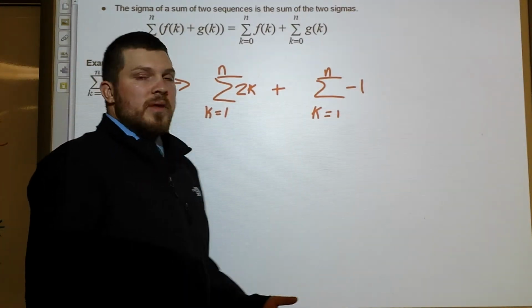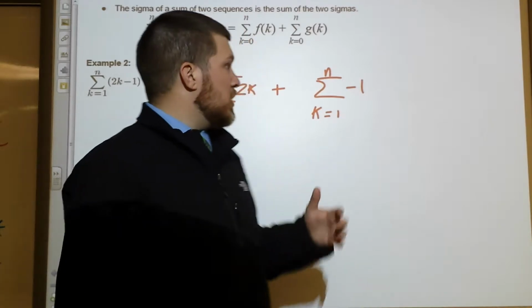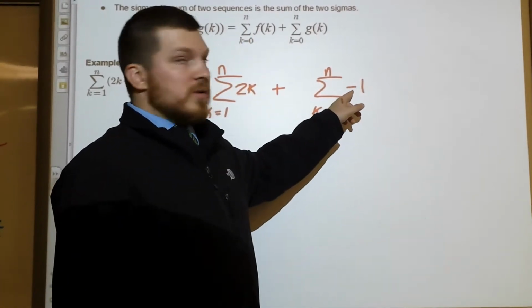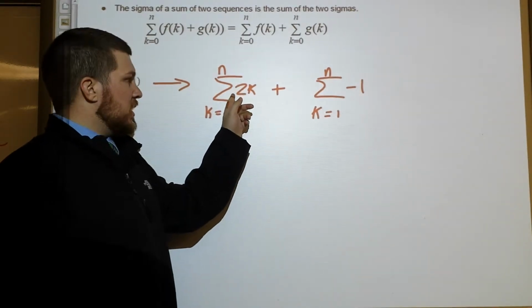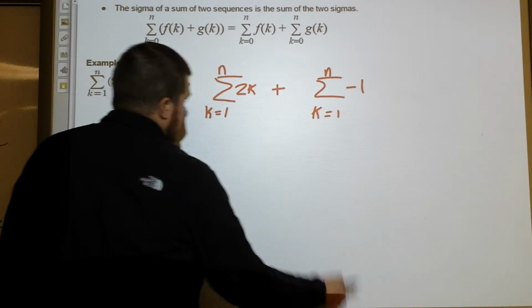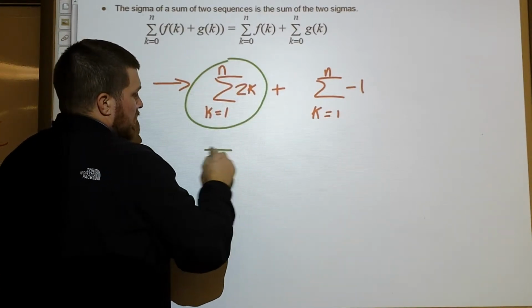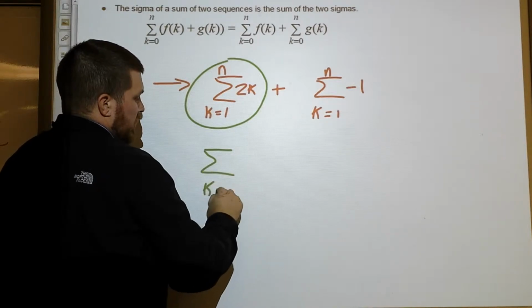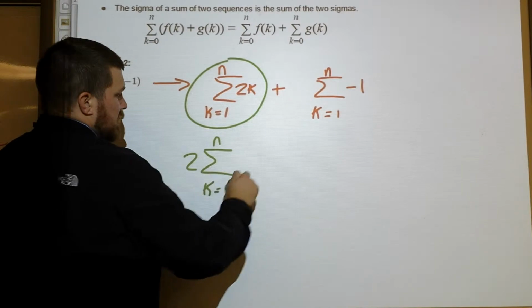Okay? Well, now let's go ahead and start practicing using as many identities as we can. So, I don't yet have a rule for -1, but I do have a rule when I have a coefficient on the outside. So, remember, we just said that coefficients come out. So, this sequence, based on what I know so far, can be rewritten into the sigma, starting with the first term, going to the nth term. Coefficients come on the outside of k.